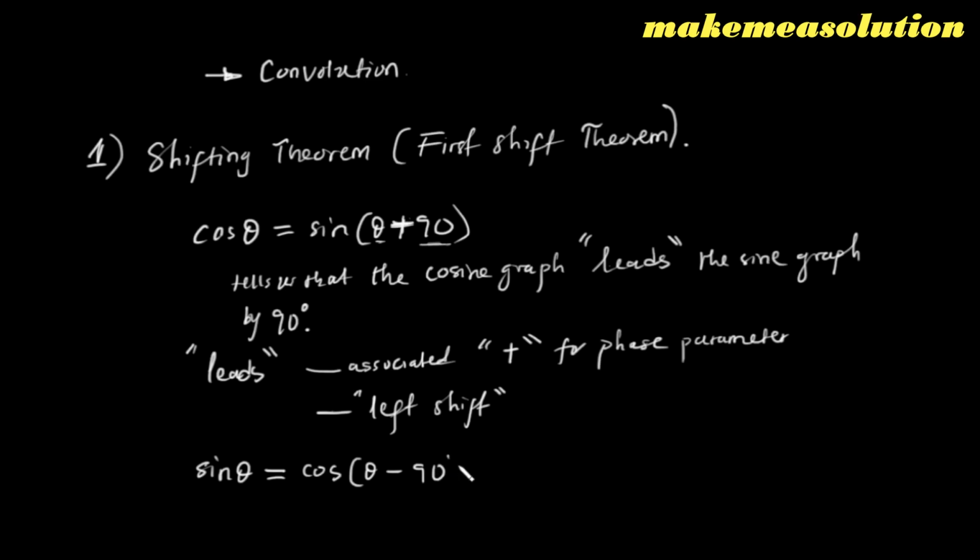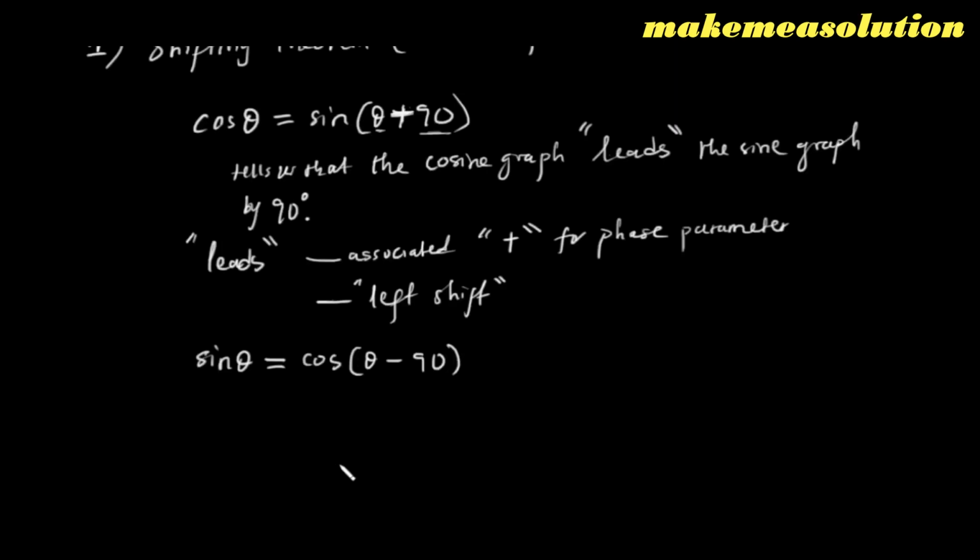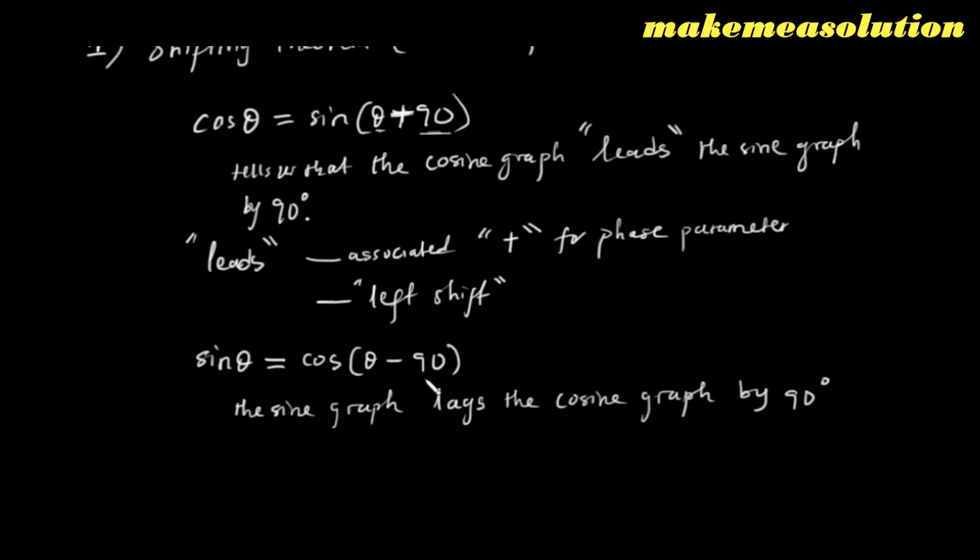What does this mean? It means that the sine graph lags the cosine graph by 90 degrees.